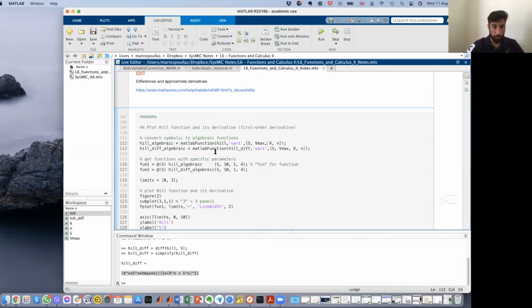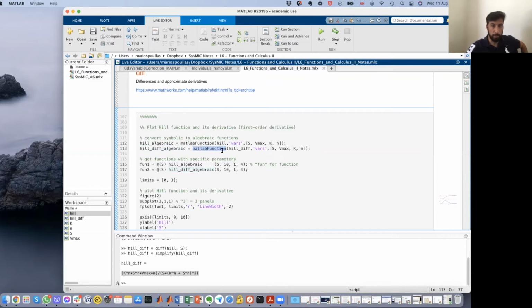And in the same form, we are converting the symbolic function into an algebraic function, the same way in the differentiated version of the Hill equation, the first order derivative, basically.